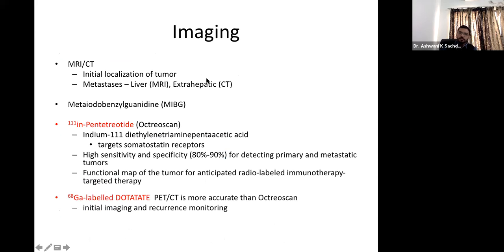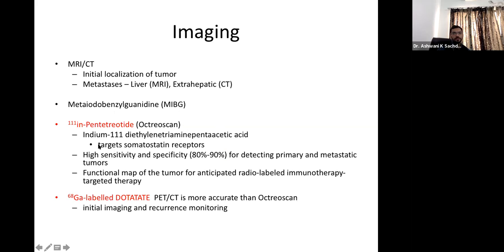The imaging used in case of carcinoid tumor is for localization of the tumor. CT or MRI can be used, and for localization of metastasis, MRI is better for liver, and for extrahepatic, CT is better. And other somatostatin receptor based imaging are meta-iodobenzylguanidine, MIBG scan, and Octreoscan.